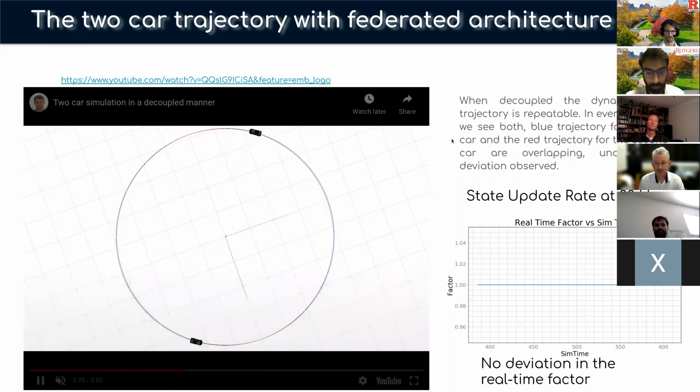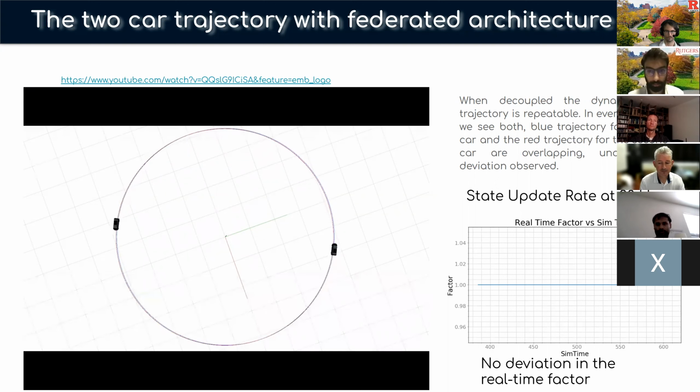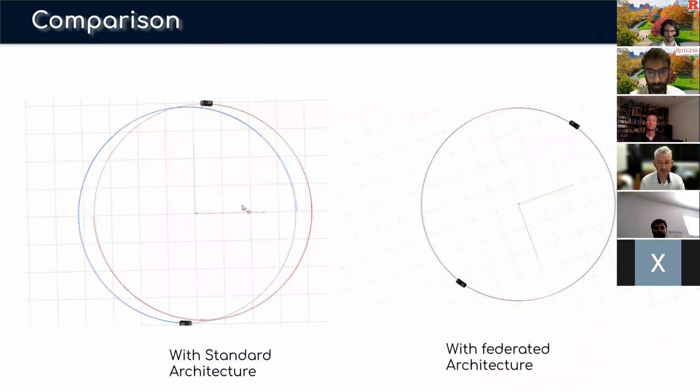And for this, since it's 2 vehicles, we set the desired real time factor to be 1. So the wall clock time and the simulated clock time are exactly the same. And this is a comparison with the old methods that have been going on in ROS and the one with a federated architecture. You can see that those 2 methods are very different.